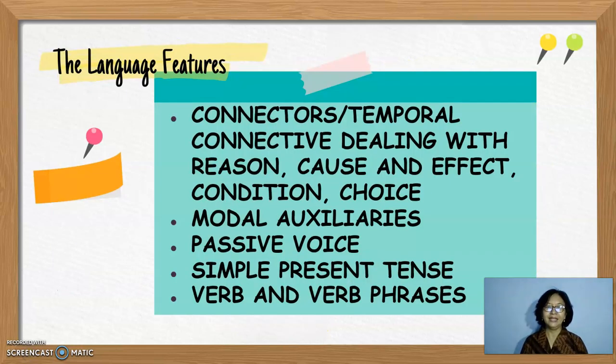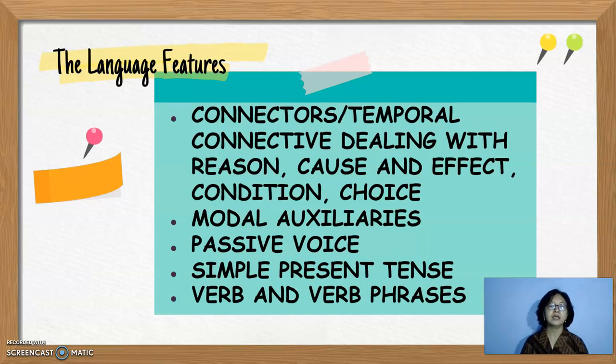Okay, here we come to the language features. Kita masuk kepada kaidah kebahasaan. You're going to learn the connectors or temporal connectives dealing with reason, cause and effect, condition, choice.